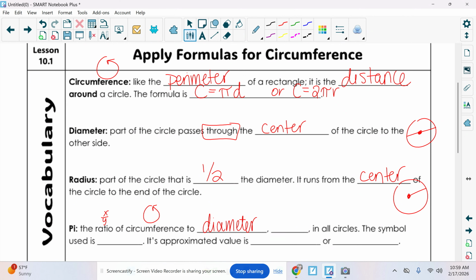So basically, if you take the diameter of a circle and you wrap it around the circle, you can wrap it around 3.14-ish times. So pi equals the circumference over the diameter.